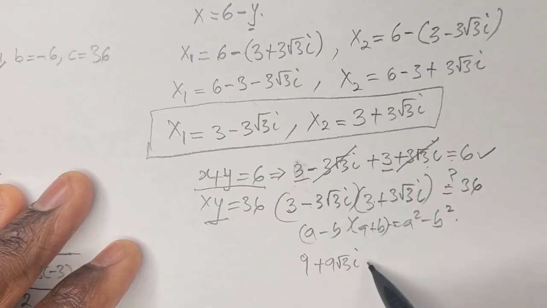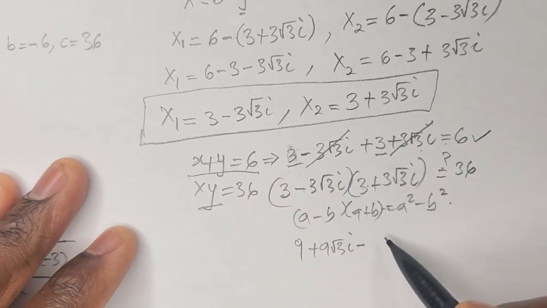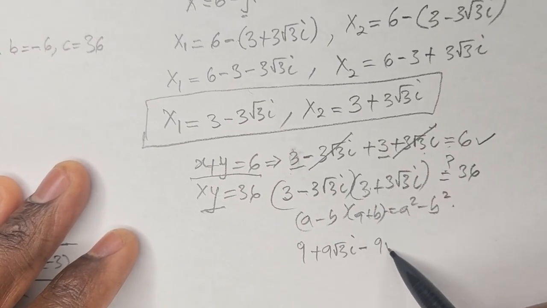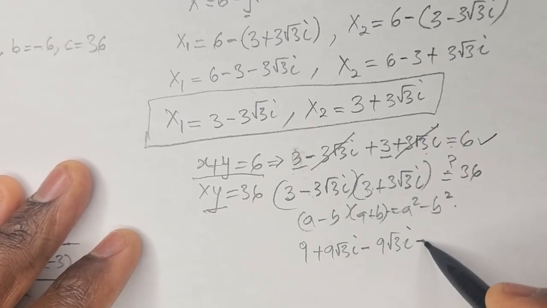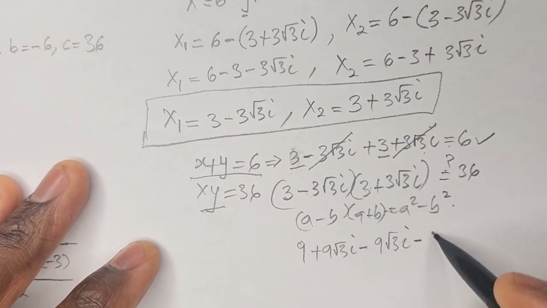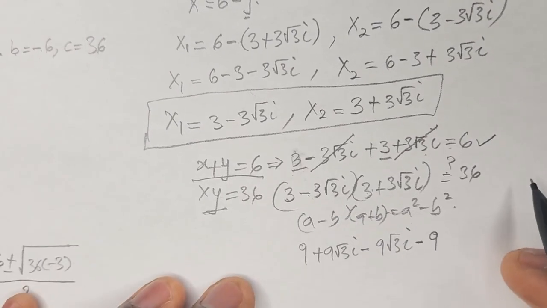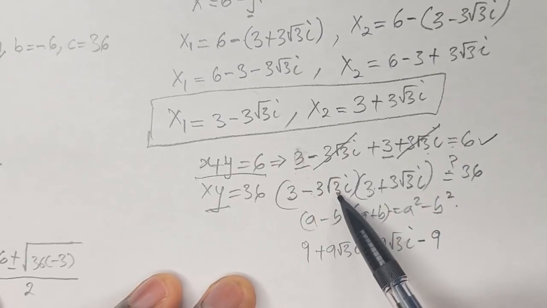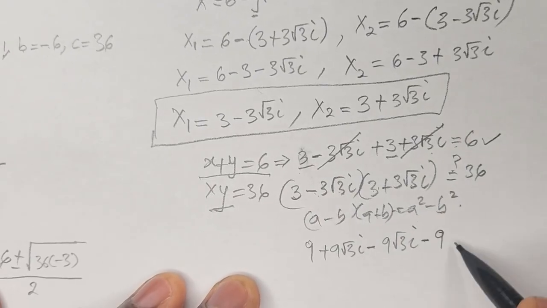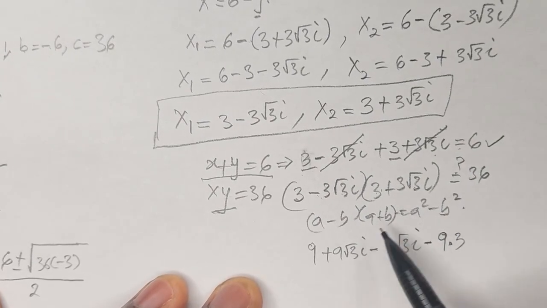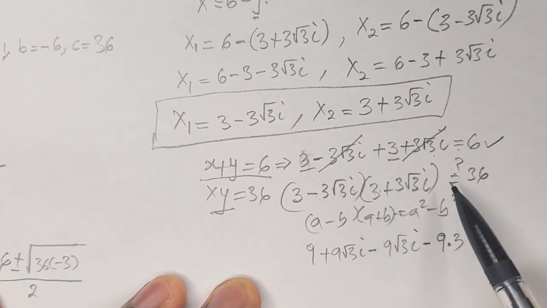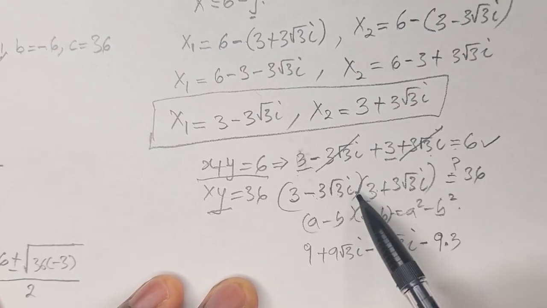This times this is minus 9 root 3 i. This times this is minus 3 times 3 is 9, and root 3 times root 3 is 3, and we have i and i.